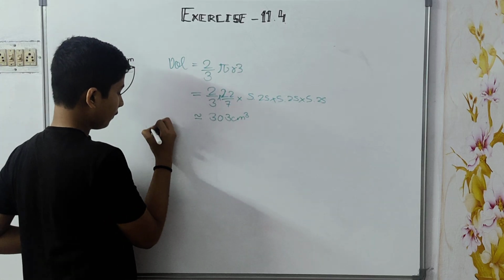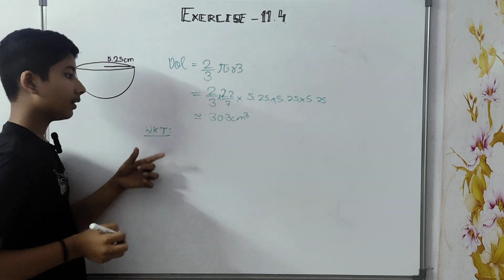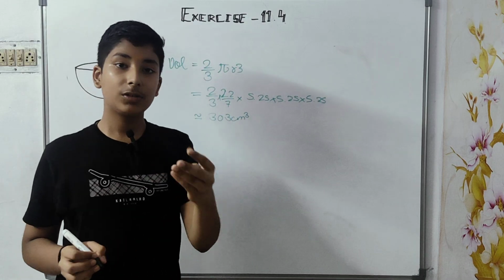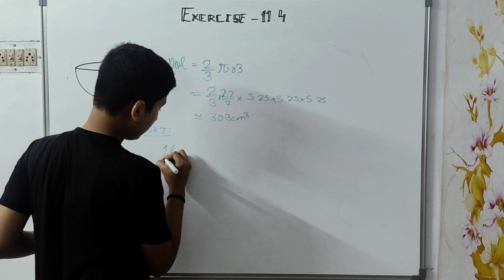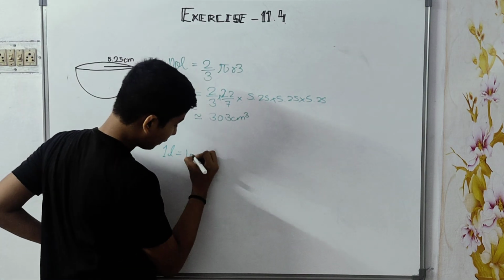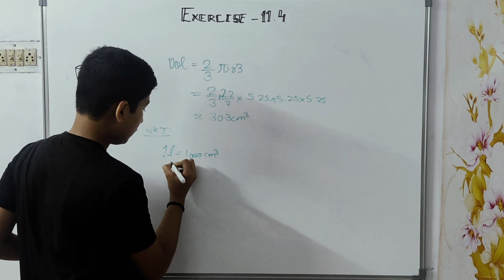Now, 1 liter equals how many centimeter cube? 1 liter equals 1000 centimeter cube.